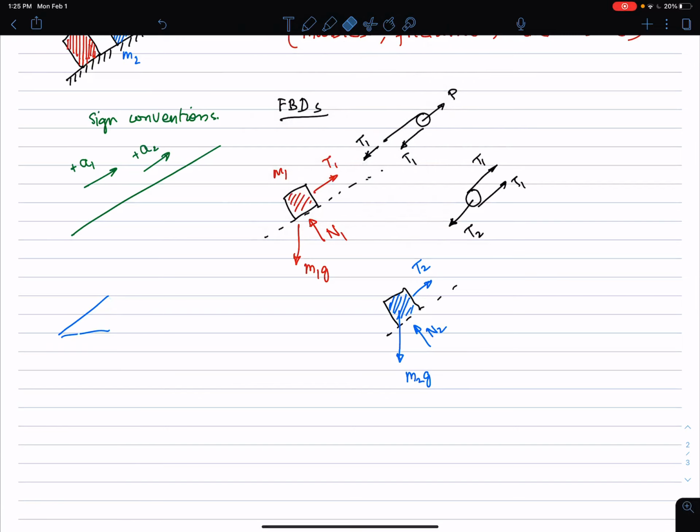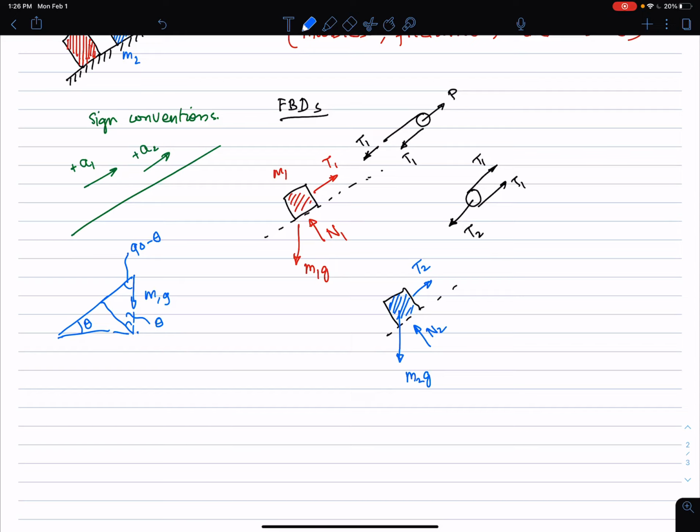This is theta, the angle of the slope, and we have m1g. And so this is basically 90 minus theta. And if you ask what this angle is, that's going to be another theta. Okay.